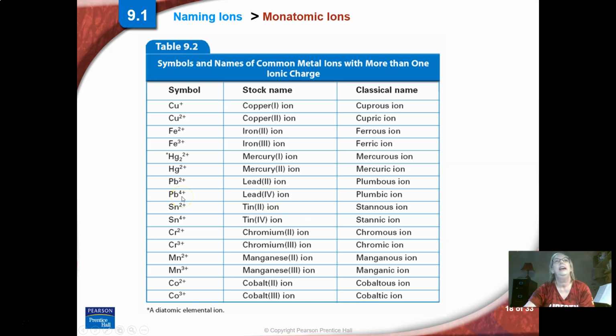So lead 4+ is going to have the name lead Roman numeral 4 ion. This is the old way, and we don't care about that. That's old school. You might see that in books and old stuff. But we want to label and name everything this way because this makes more sense. It's easier to do anyway because it just has numbers.